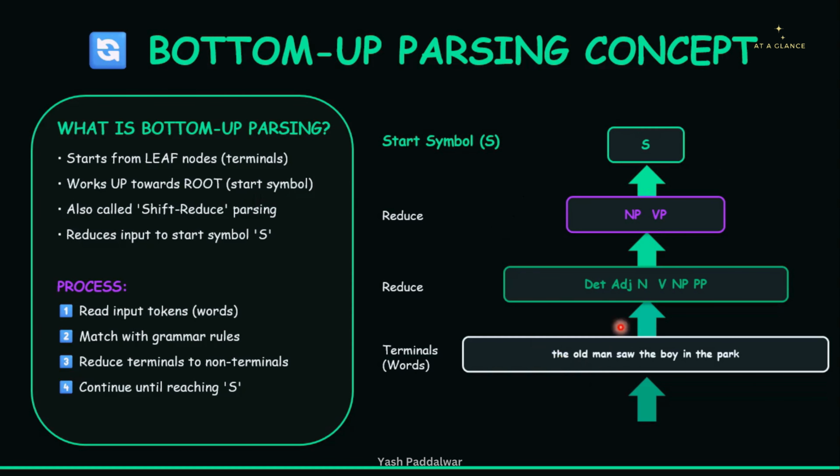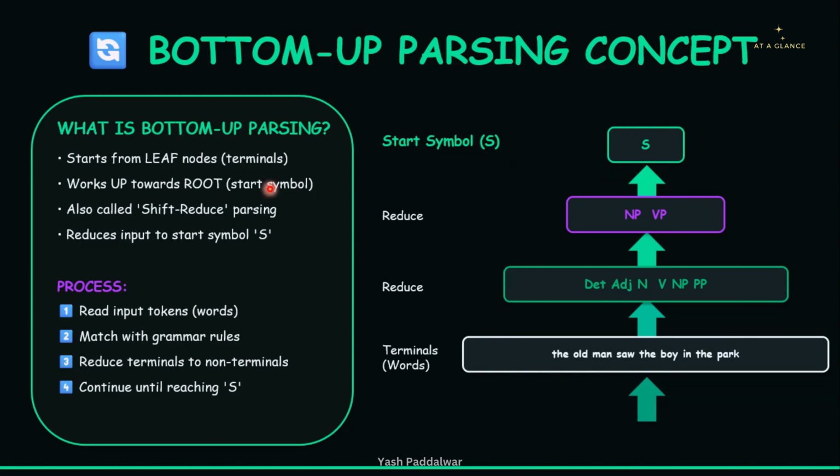On the right-hand side of the diagram, you can see we have started with the sentence, the old man saw the boy in the park, and will move upward. We'll try to combine different categories into one, as per the grammar rules we are given. We'll do that in a recursive manner so that we reach our very start symbol.